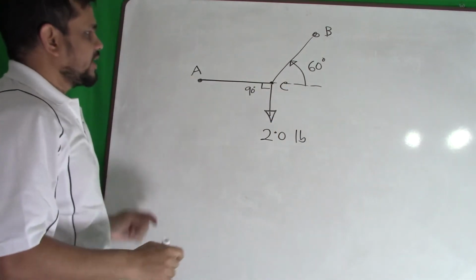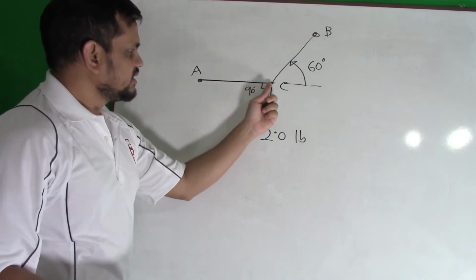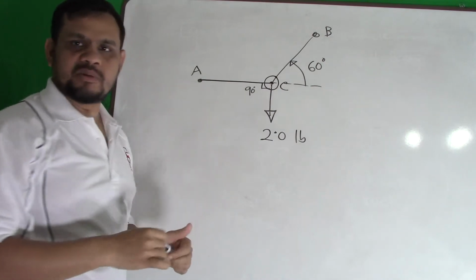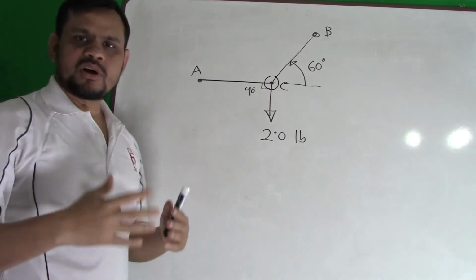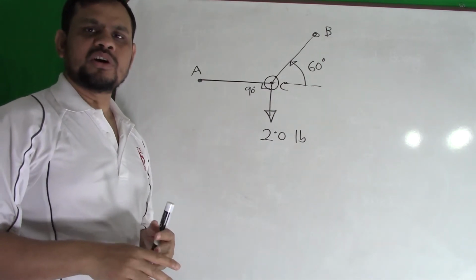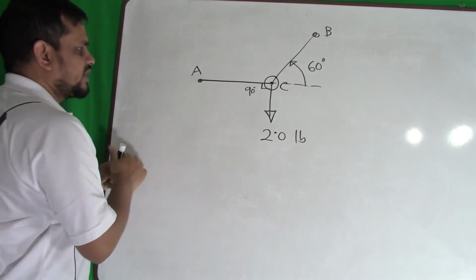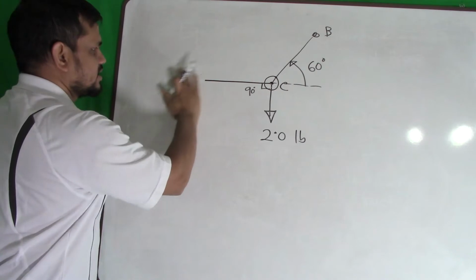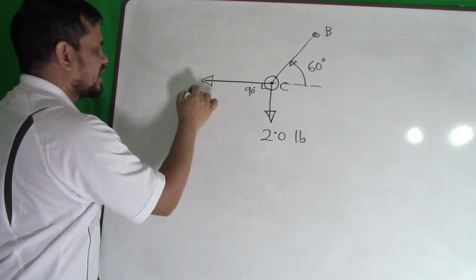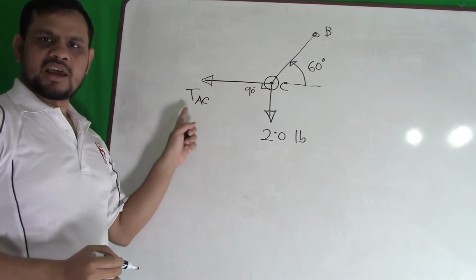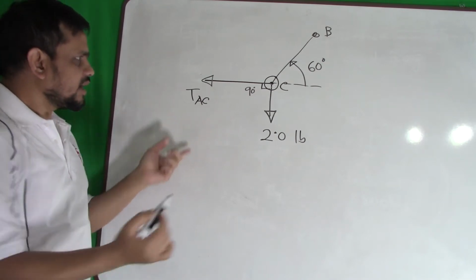We can see that my pumpkin is here. This point is in equilibrium. So I will draw the free body diagram. How to draw it? Remove all the supports and show the loads. So I can remove that support and show a load here. Say this is TAC, tension in the AC cable or rope.